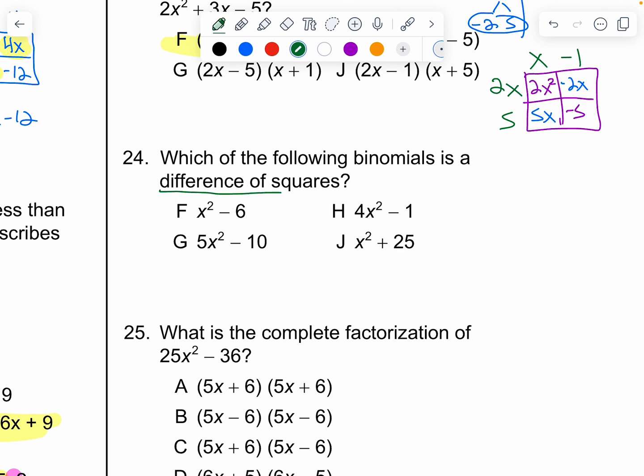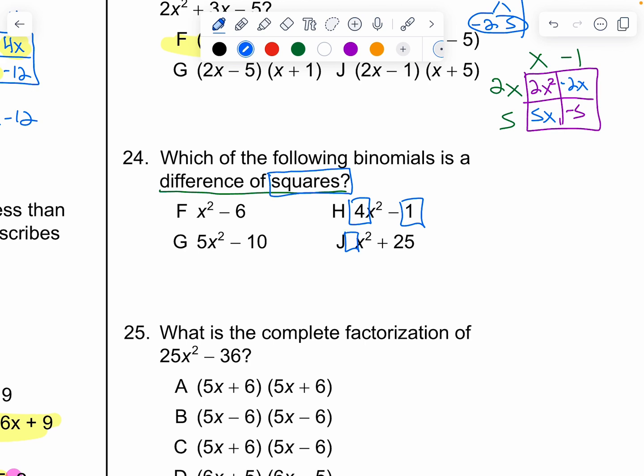Difference of squares was a vocab term that we talked about back in this unit, and it referred to scenarios in which we had an x squared and a constant, okay? And the coefficients were perfect squares. So that's the squares piece of this term, difference of squares. So those are perfect squares.